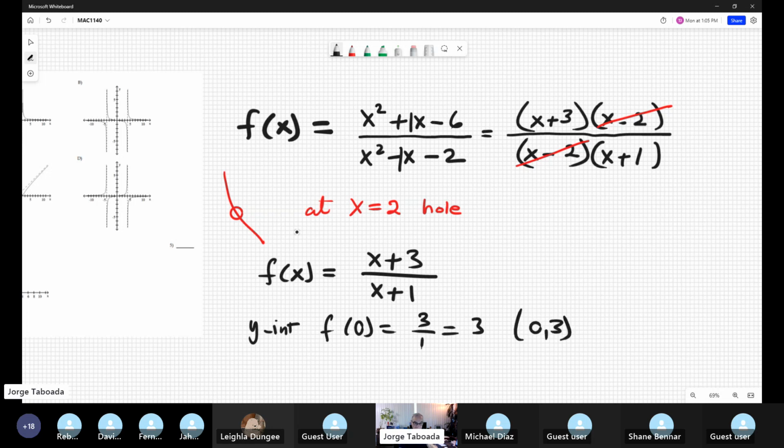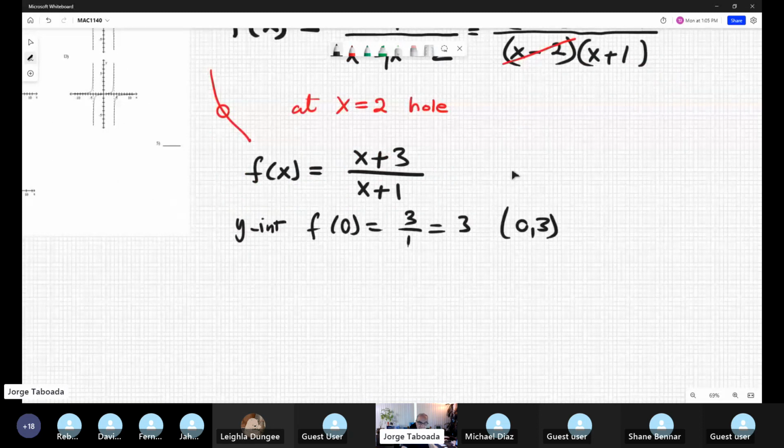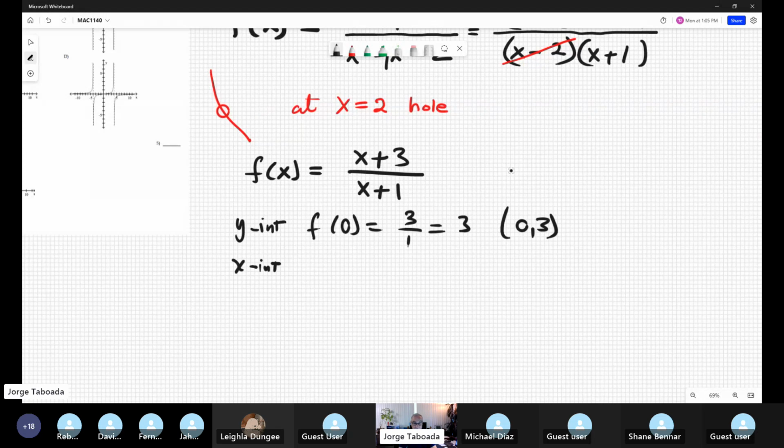This is our y-intercept. Our x-intercept is also easy because you take only the polynomial in the top. So you take p of x equals 0, and p of x is x plus 3 equals 0. Therefore, the answer is negative 3. So at negative 3, comma 0, we have the x-intercept.